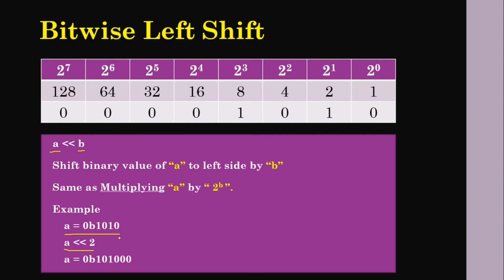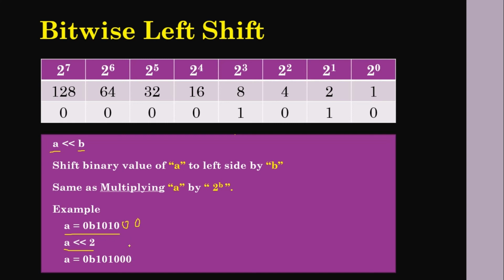Python will do this by adding 2 extra 0s over here at the LSB, and that's how we have our output as 1010 and then these 2 extra 0s on the right-hand side.